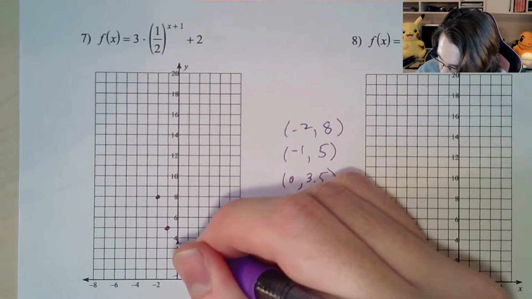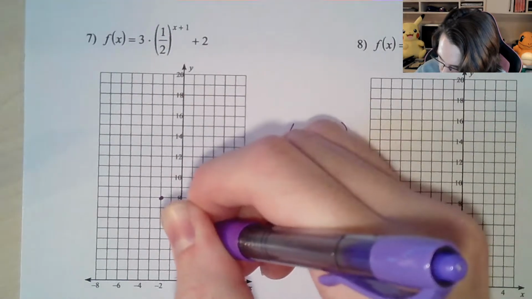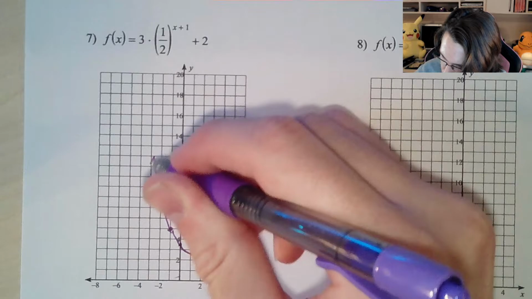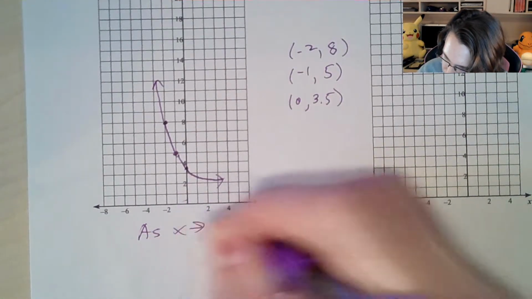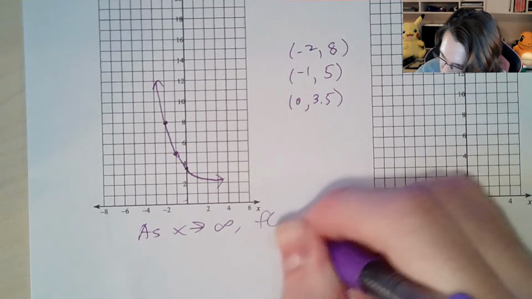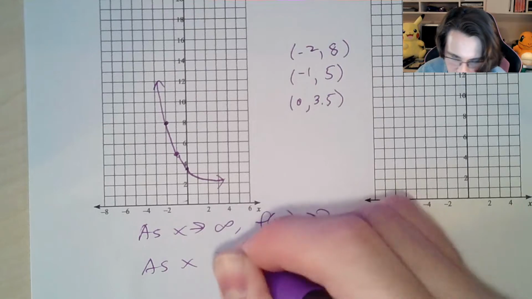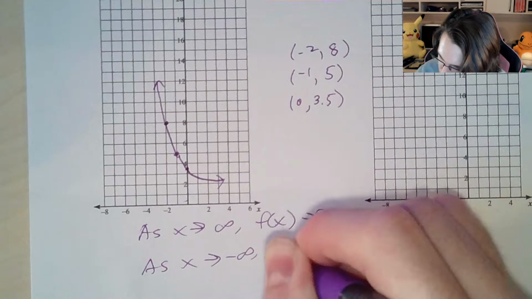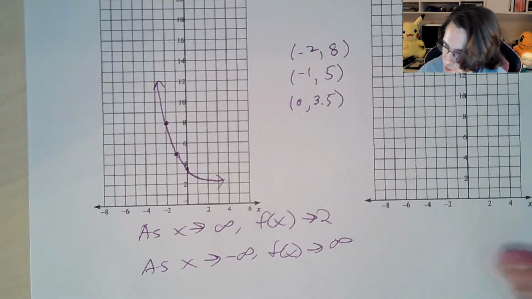And we are going off towards that value of 2. There you go. As x approaches infinity, f of x approaches 2, and as x approaches -infinity, f of x approaches positive infinity, because as you go left, it goes up.